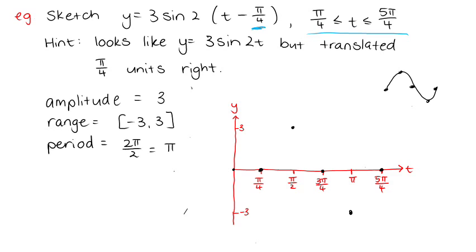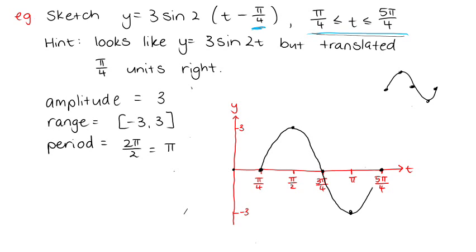Now, we're only drawing the graph between pi/4 and 5 pi/4, so there's no point doing between 0 and pi/4. Will it be wrong if we do that? Yeah, because you haven't taken into account the interval that the question's asked. Right, and then all you have to do is just join them up in a kind of curvy line.